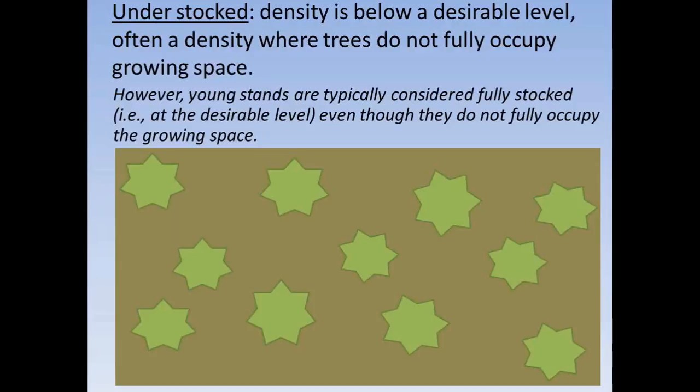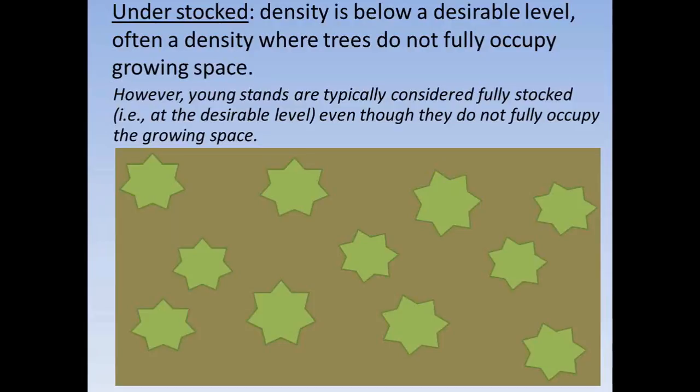But we have to also jump back and have a little context here, because we have certain situations where a stand that doesn't completely capture the growing space is still well stocked. It's not understocked. So we can imagine a young stand. We can say we planted at a certain level, the trees are healthy.